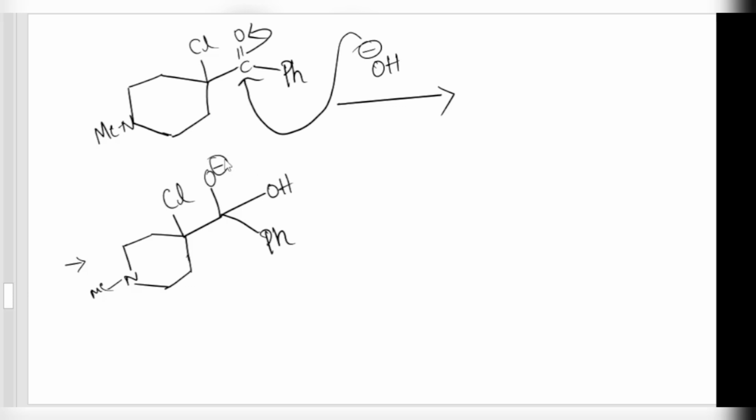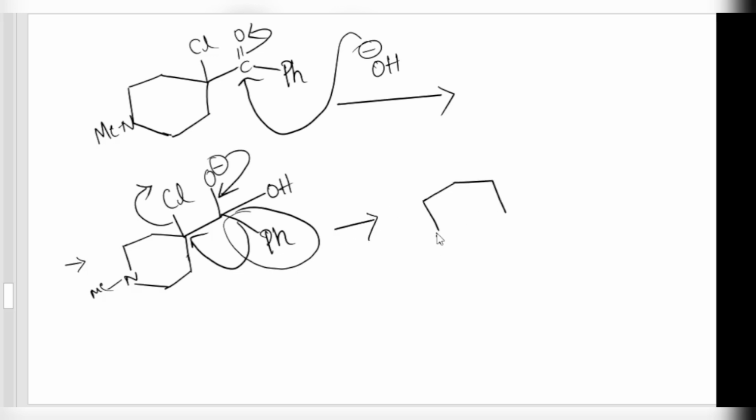Now what will happen when this electron comes back to form the carbon-oxygen double bond, the whole phenyl group will migrate towards this carbon, and finally the halogen will leave. Like a benzilic type rearrangement we will call it, and finally we will get the product like this.